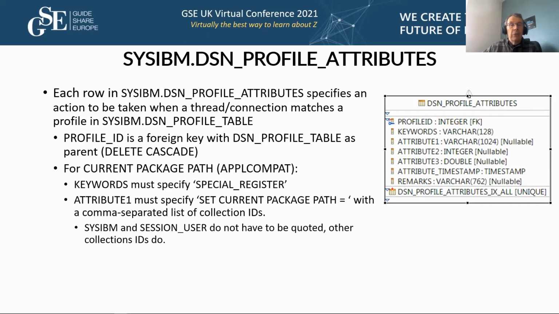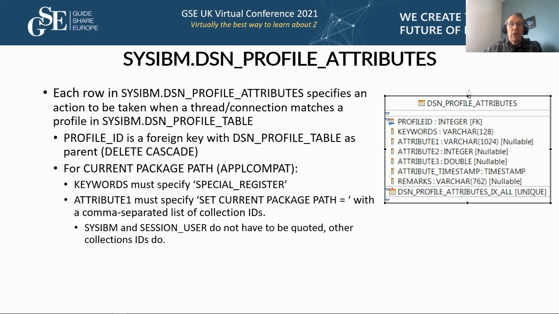And then if we're going to specify current package path for APPLCOMPAT reasons, the keywords column must contain the string special register, and the attribute one column should contain the string set current package path equals with a comma separated list of collection IDs.